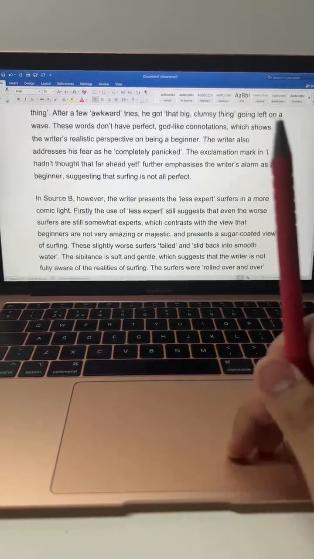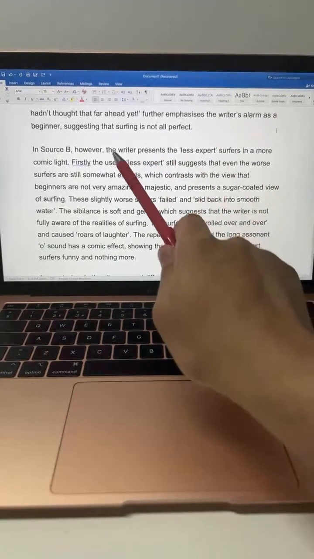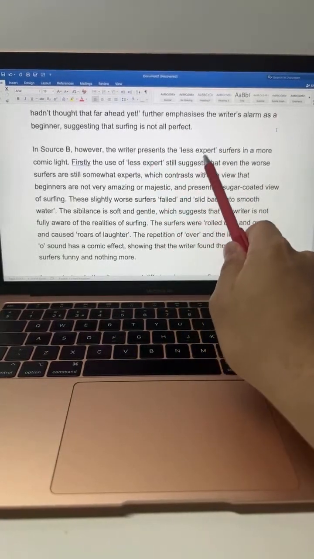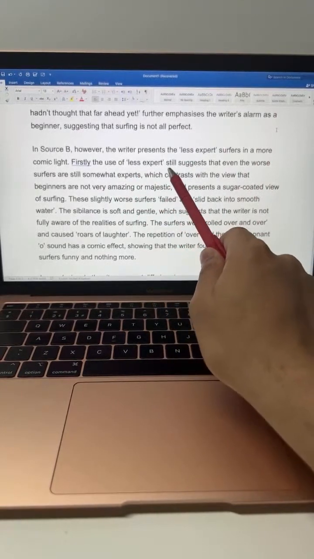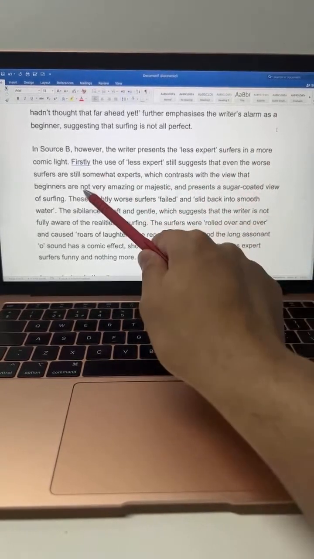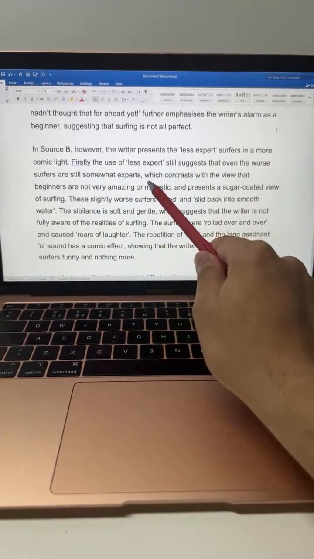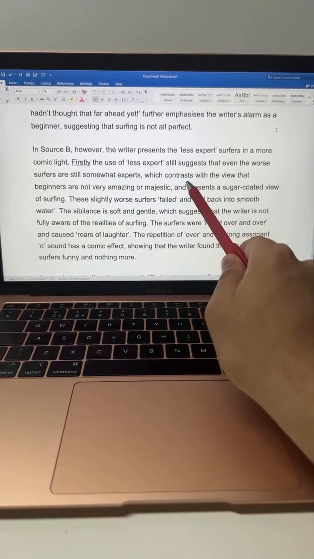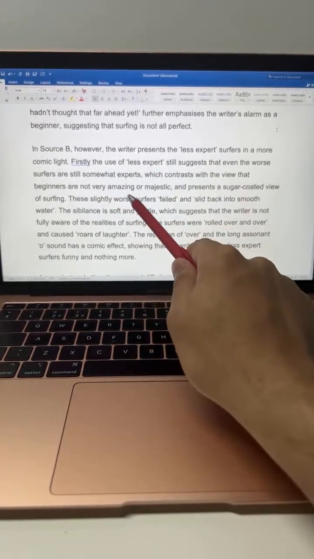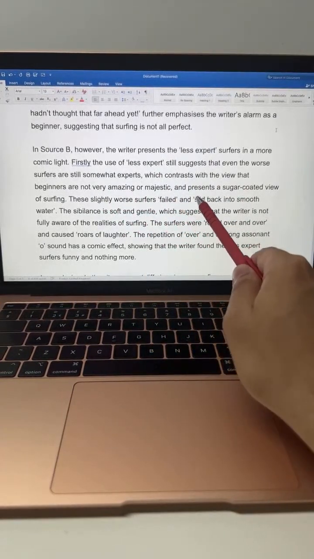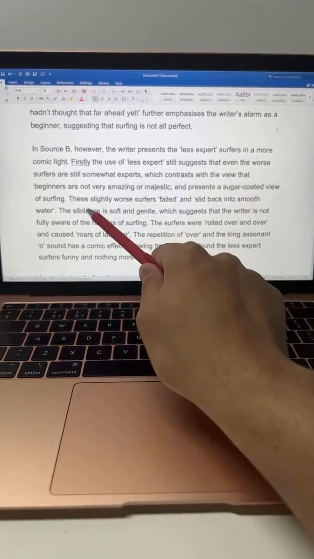And then in Source B, however, the writer presents the less expert surfers in a more comic light. Firstly, the use of "less expert" still suggests that even the worst surfers are still somewhat experts, which contrasts, important word, which contrasts with the view that beginners are not very amazing or majestic, and presents a sugar-coated view of surfing.